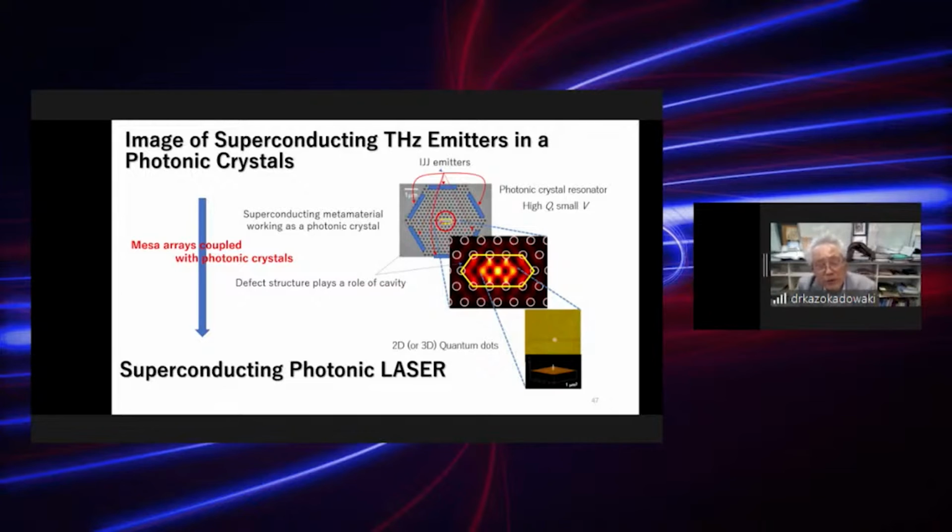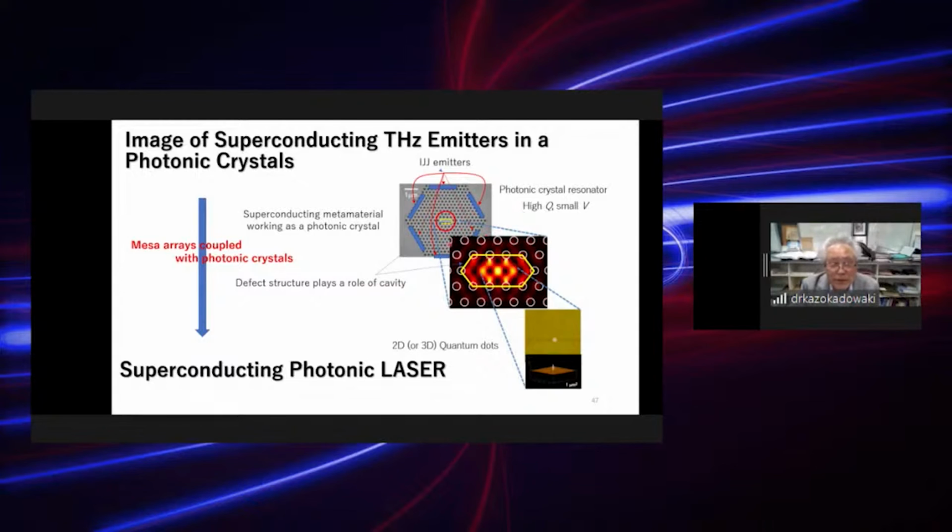If we put the emitting device like this, then the wave comes into the center, and it is photonically enhanced because of the cavity resonance effect, the high Q effect.